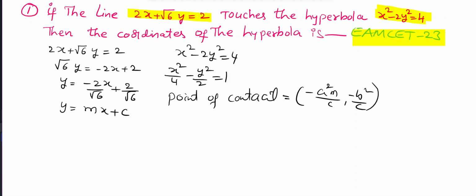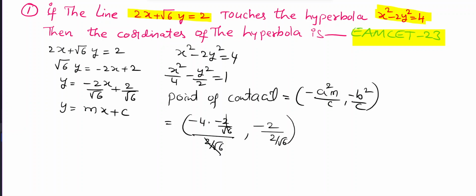Substituting all the values: −a² is −4, times m, the slope, which is −2/√6, divided by c, which is 2/√6, comma −b², that is −2, divided by c, which is 2/√6. The 2/√6 cancels, giving −√6.